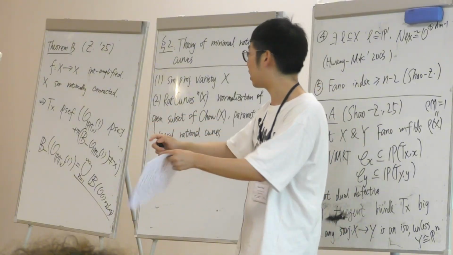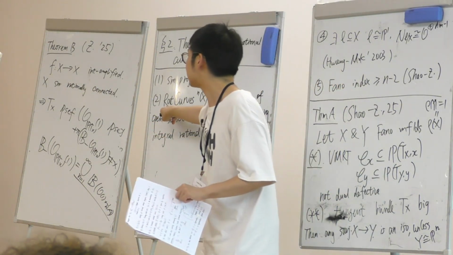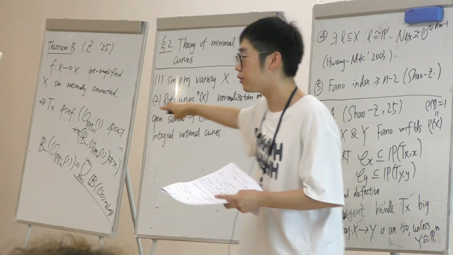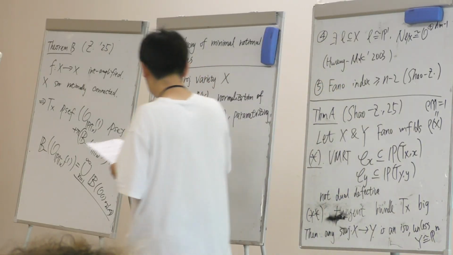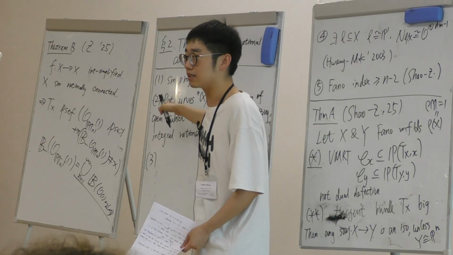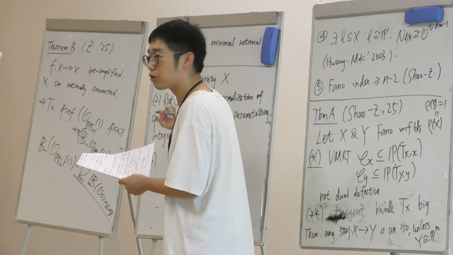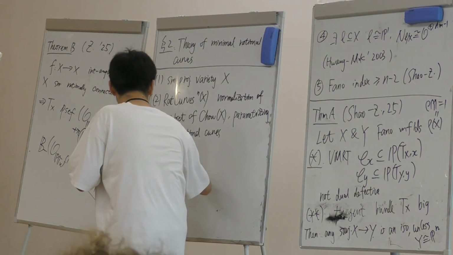So these form an open set, and then we take the normalization to denote this as the rational curves. I use this notation. And then we can discuss the components in this parametrizing space of rational curves.